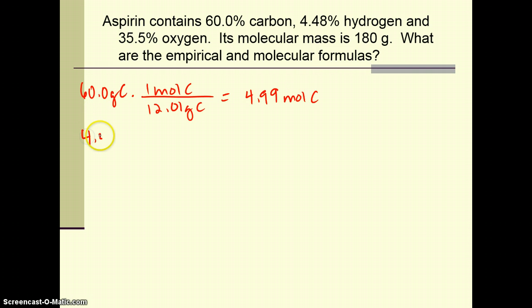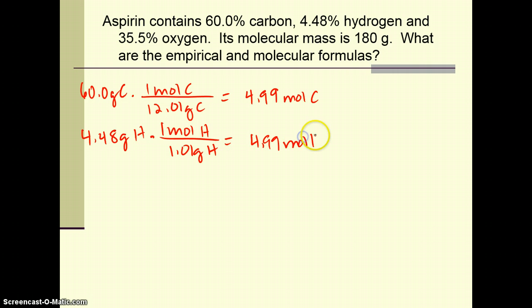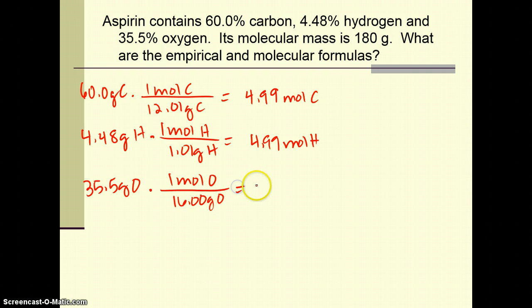I have 4.48 grams of hydrogen, 1 mole of hydrogen over 1.01 grams of hydrogen, and I get 4.44 moles of hydrogen. 35.5 grams of oxygen times 1 mole of oxygen over 16.00 grams of oxygen equals 2.21 moles of oxygen.